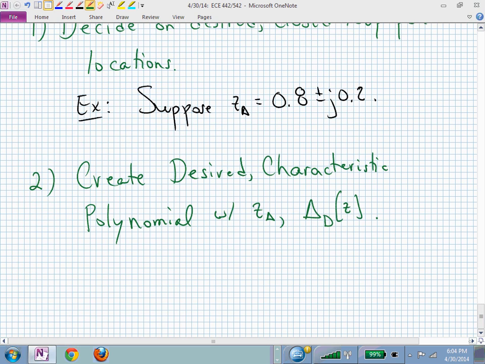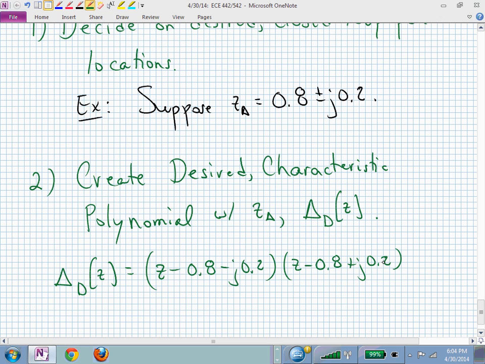So that delta sub d of z in this example is going to be z minus 0.8 minus j 0.2. That's the z delta in the first quadrant. And then we have z minus 0.8 plus j 0.2. That's the one right below it in the fourth quadrant. What value of z causes this first factor to vanish, and what value of z causes that second factor to vanish? That will give you those pole locations.